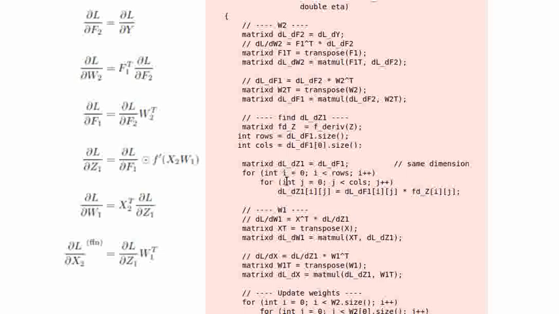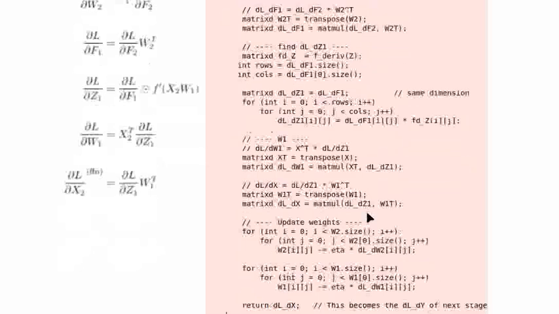Okay, and so we start with dL/dC1, and dL/dC1 is dL/dF1, element-wise multiplication, circle dot, of this f'(C), the derivative of this argument, given by this.